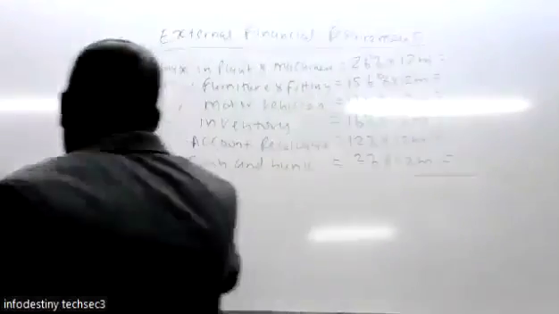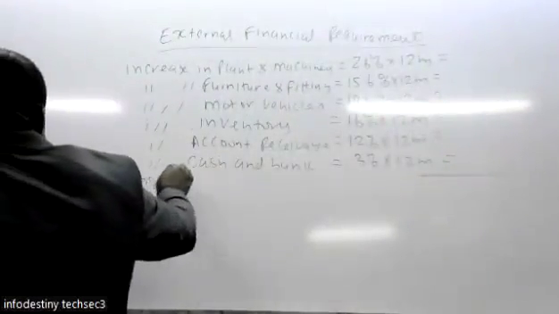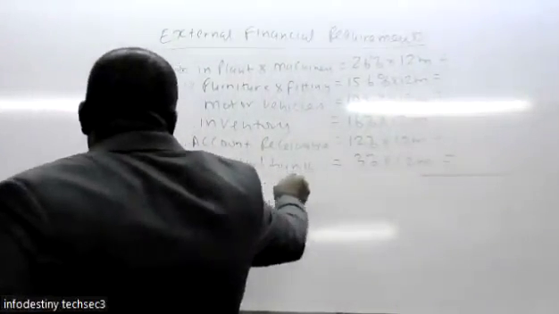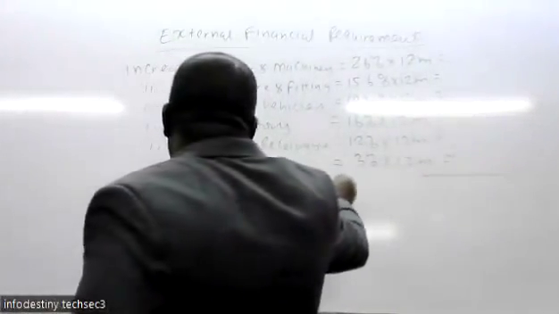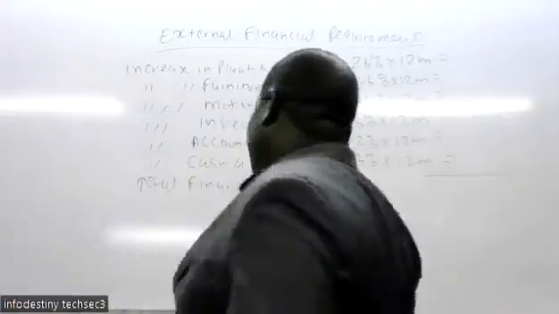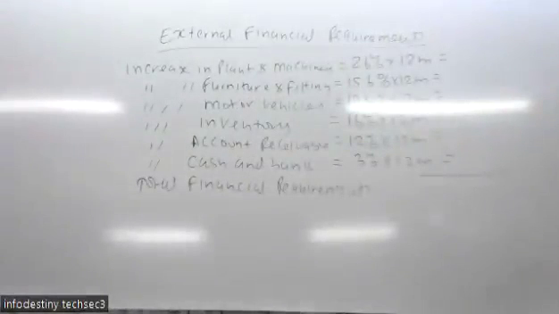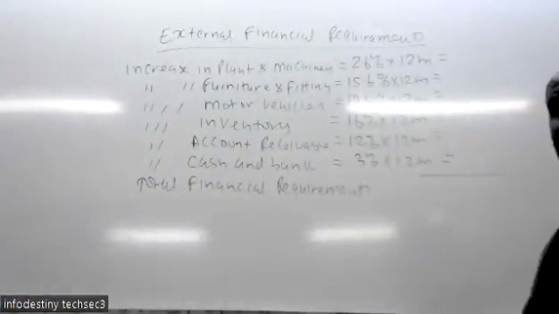So you will add those figures together to get the total financial requirements. So that you get the total financial requirements, which is giving us which value? Add them together.